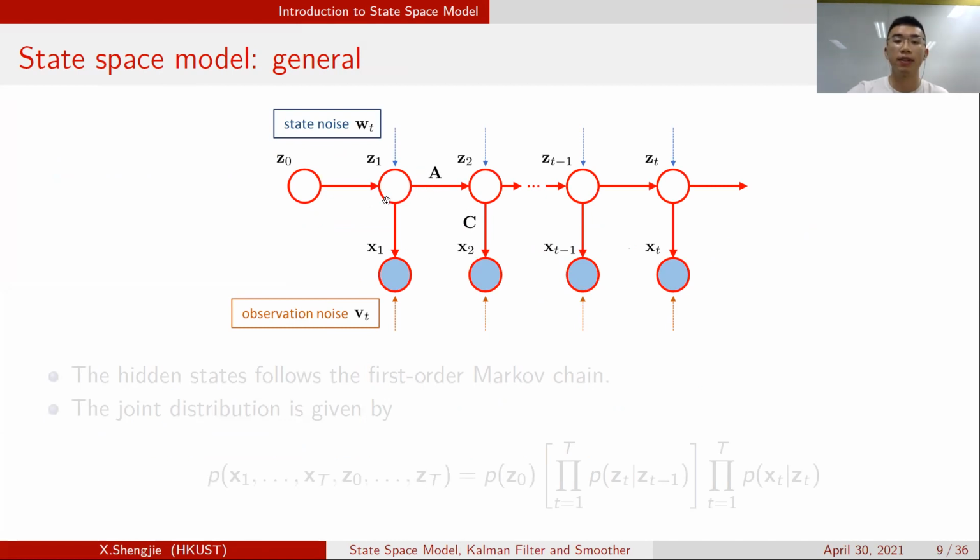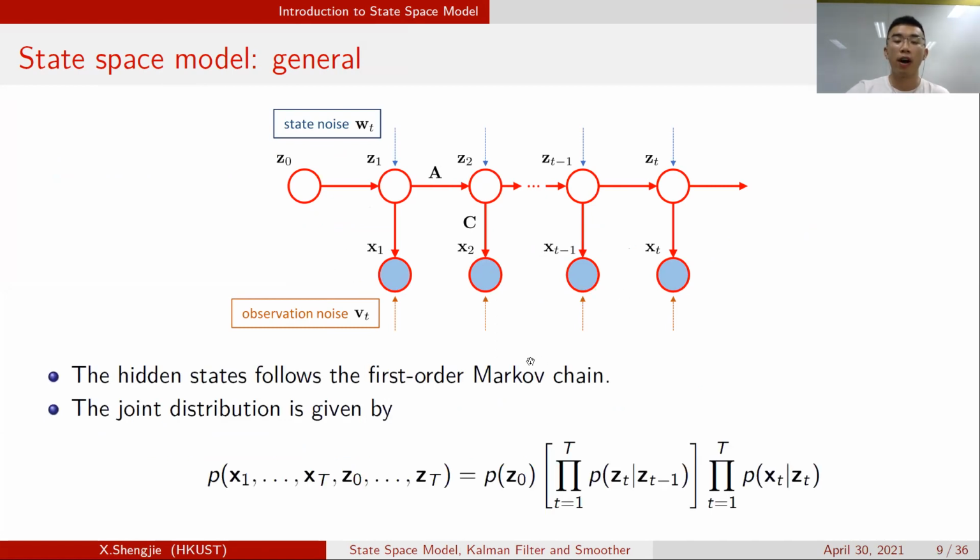The A here means the state transition has a linear combination relationship, and the C here is a projection relationship. And from this graph, we want to highlight that the hidden state follows a Markov property. What's the benefit?